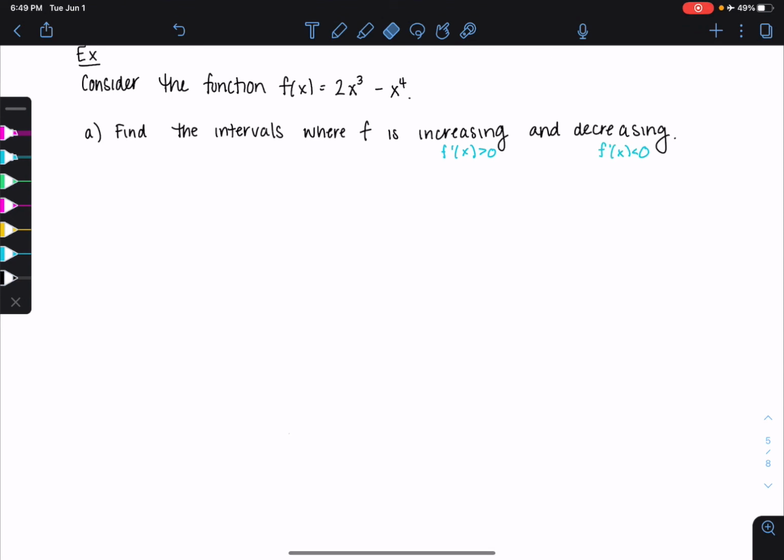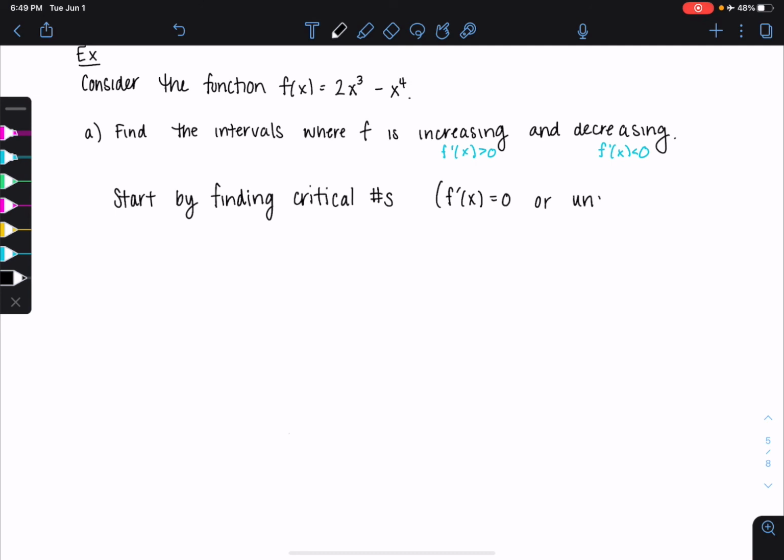So repeating the same process, we want to start by finding critical numbers. This will be how we break our number line. So this is where the derivative is equal to 0 or where it's undefined.